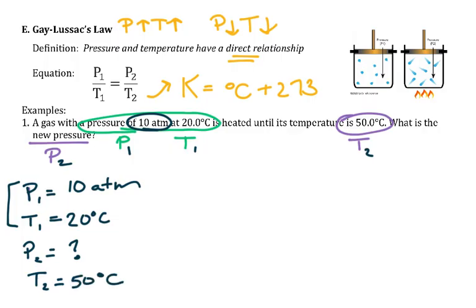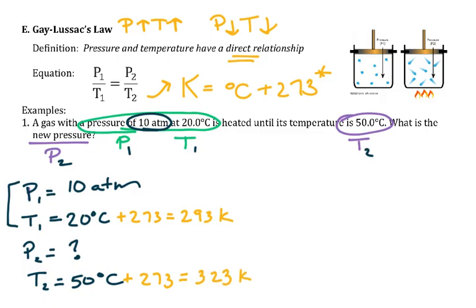And with these ones, we need to make sure and change those from Celsius to Kelvin. So adding 273, that makes T1 293 Kelvin. Adding 273 to 50 degrees, that makes T2 323 Kelvin.